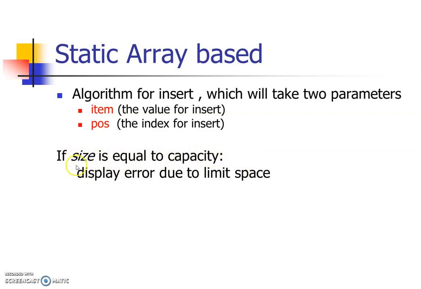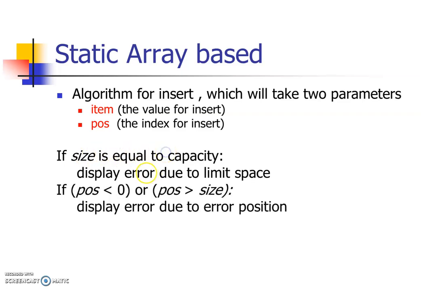What that's saying is that if the size, indicating the items that we have, is equal to the capacity of the array, it means it is already full. Say 10 is the size that we have, and 10 is the capacity, and we already have 10 items, then you cannot add one more item. Otherwise, it's going to be a full situation.